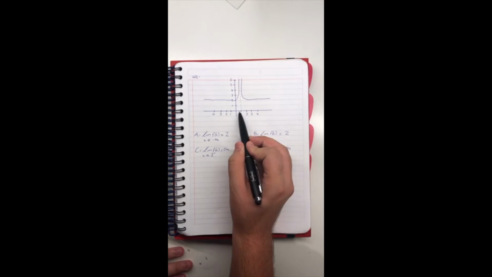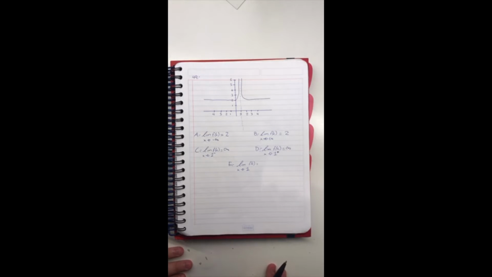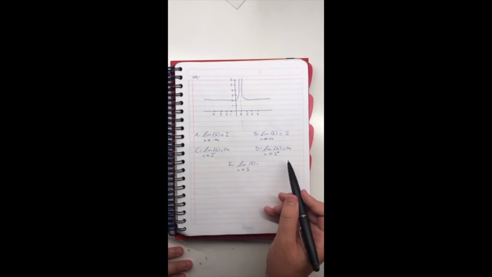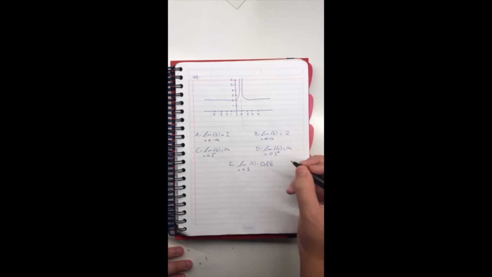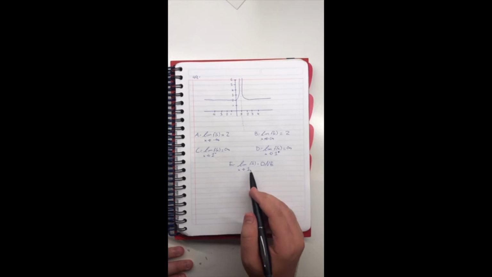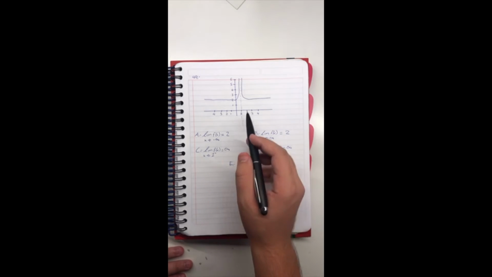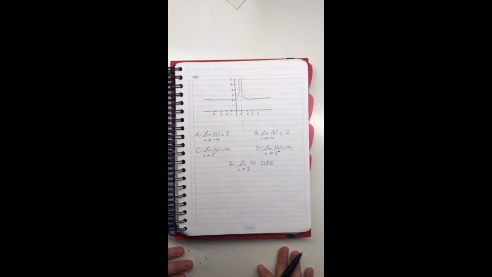Left side is positive infinity, right side is positive infinity. But since we have no actual numbers, we say D and E, that does not exist because it never touches the one value of x, since there is a vertical asymptote.